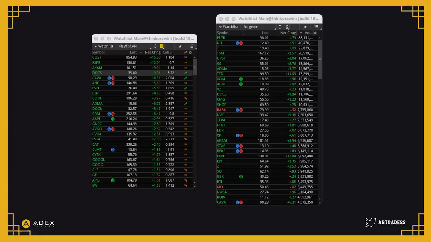The scanner on the left is taking into account unusual open interest, unusual volume, and contracts that are expiring within 1 to 2 weeks, I believe. It's finding those names that are getting positioned for some strong option flow, or really just good options positioning.